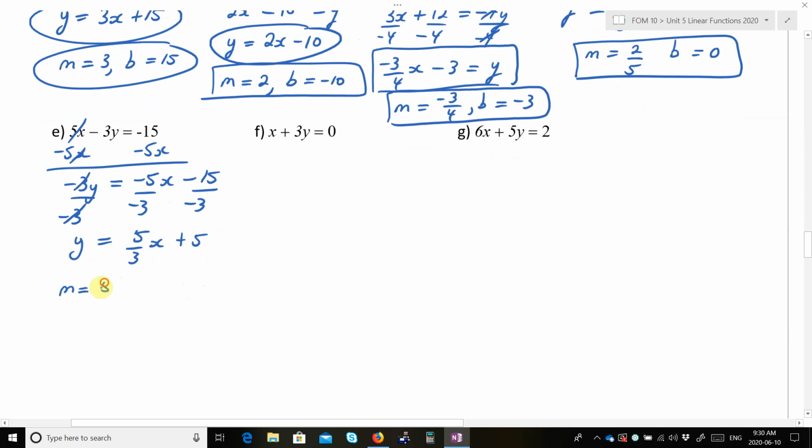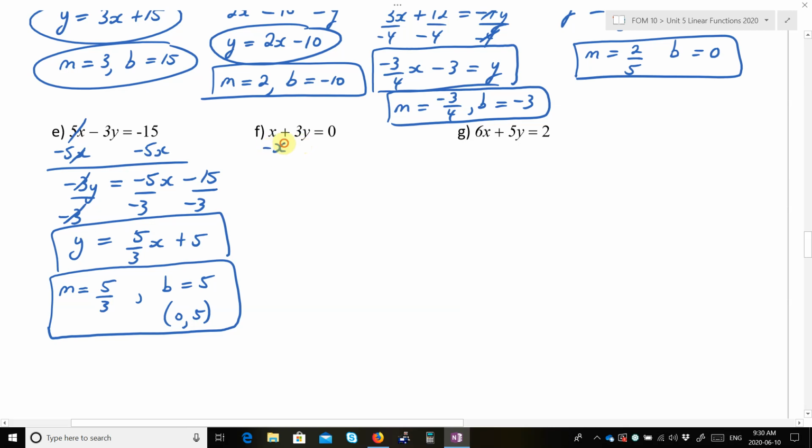So the slope is 5 over 3. B, the y-intercept, is 5. And since that's the y-intercept, we could technically write it as 0, 5. 0 for the x and 5 for the y. So I think that's what they do in the answer key. They write it like that.